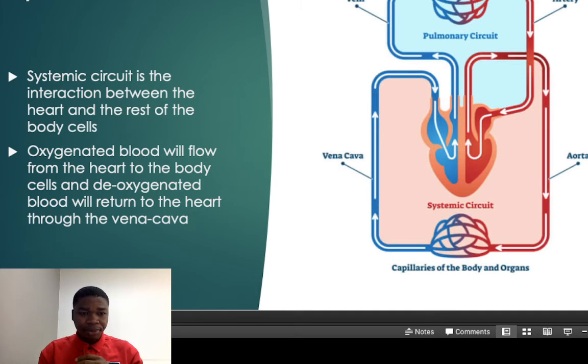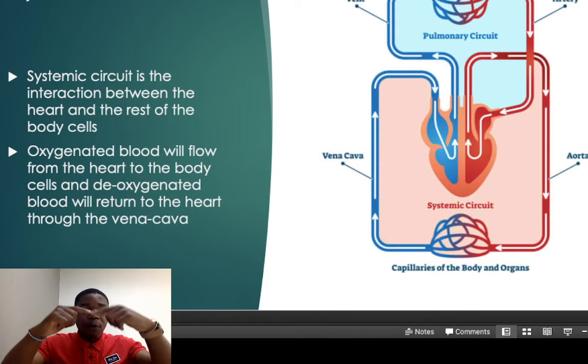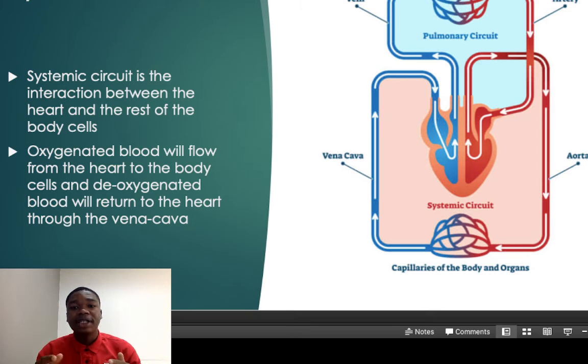Let's look at the systemic circuit. The systemic circuit is an interaction between the heart and the rest of the body cells. When blood flows from the heart into the rest of the body, that's the systemic circuit. And when blood flows from the rest of the body into the heart, that's also the systemic circuit.